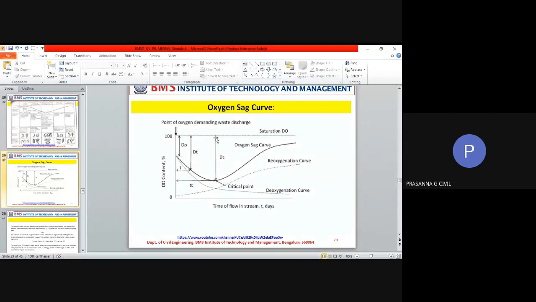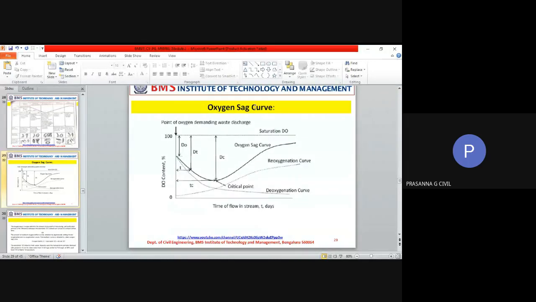If your oxygen deficit is much more, it will take more time for this reoxygenation to happen. It also depends on the temperature of water. Like I told you, warm waters will not hold DO. If the temperature of the water is low, there are more chances of the dissolved oxygen in your water being at a higher level.